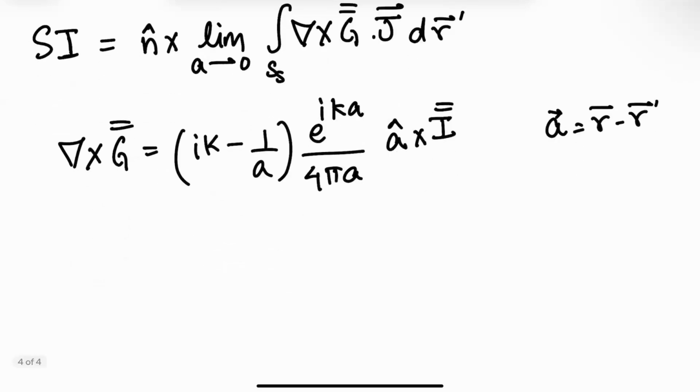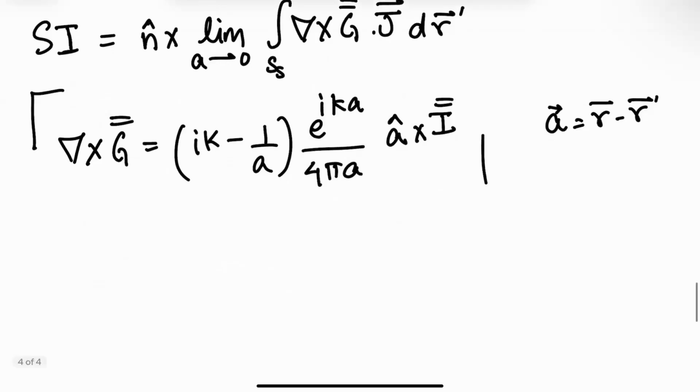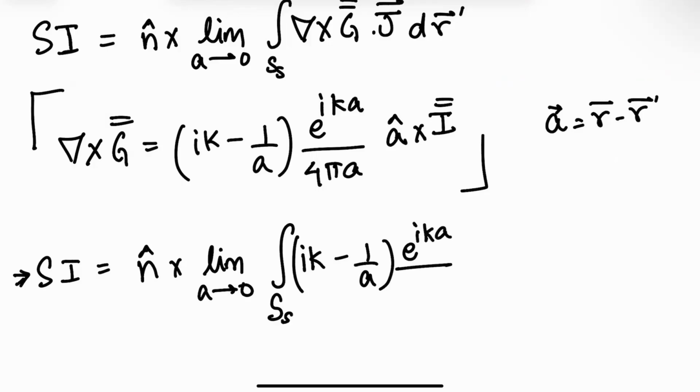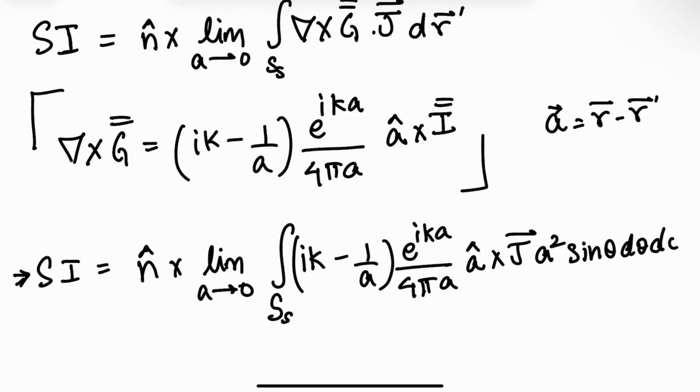So if we substitute that into our SI, then SI becomes n hat cross limit a tends to 0, integral over SS, (ik minus 1 over a) times e to the ika over 4 pi, a hat cross j, a square sine theta d phi.